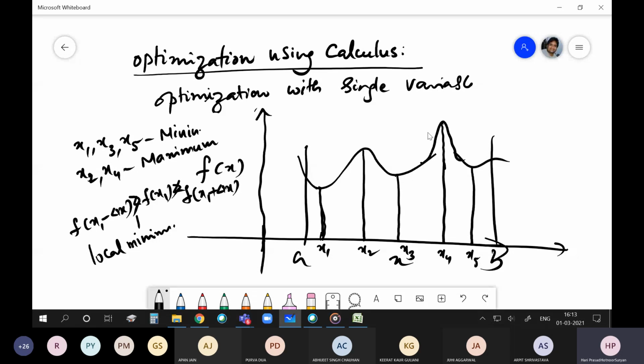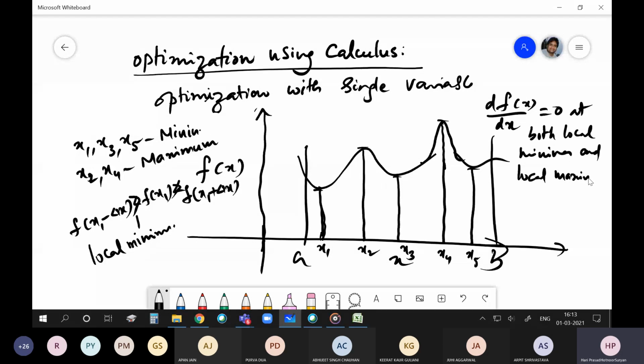So what will be the first derivative of f of x at these local minima and local maxima? It is 0. So df by dx will be 0 at both local minima as well as local maxima.